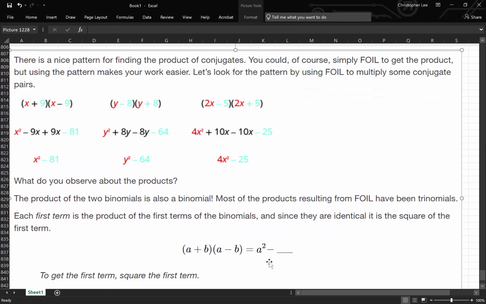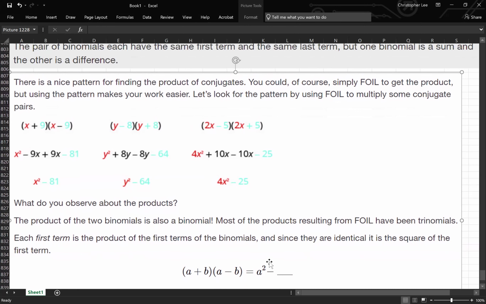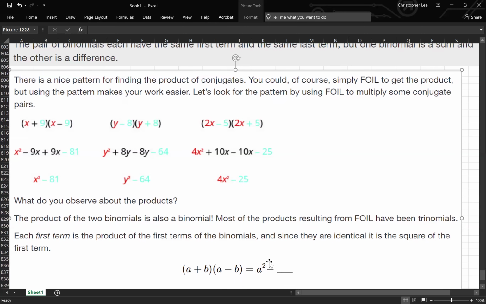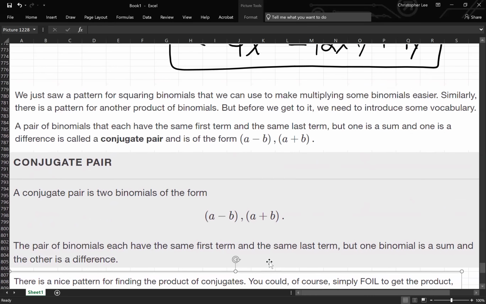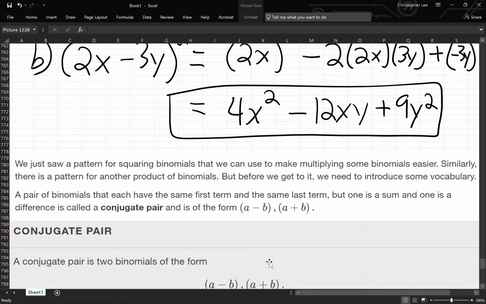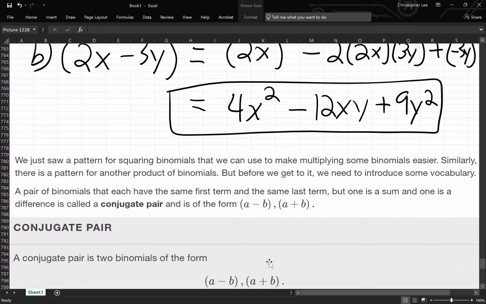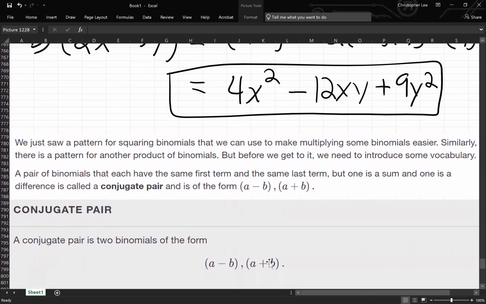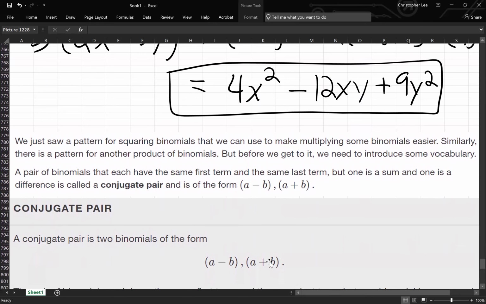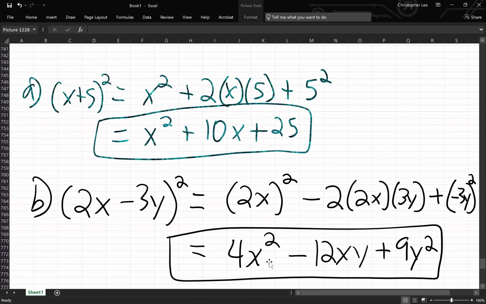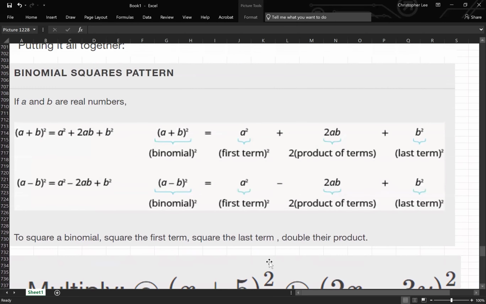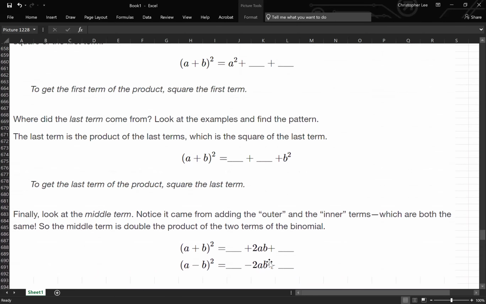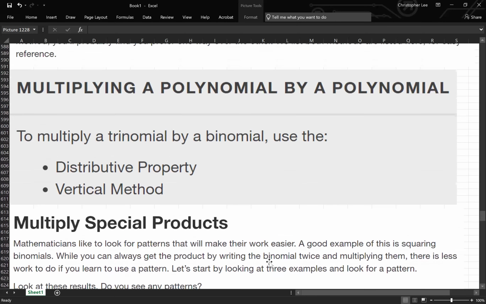Before this, the other trick... Which one? This? The binomial squares pattern? Which one is that? All the way back up here? The vertical method and the distributive property?